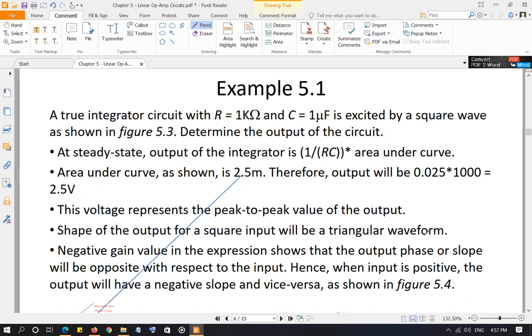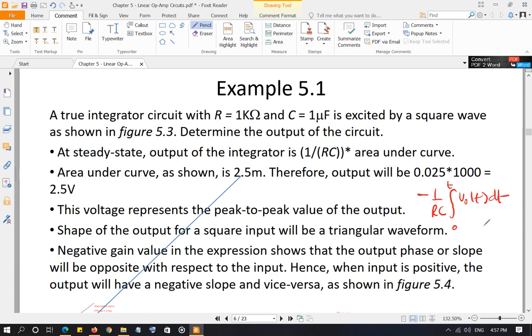Alright, let's look at this example. We have a true integrator circuit with resistance 1 kilo ohm, capacitor 1 microfarad, and the input is a square wave. Determine the output of the circuit. So the output of the circuit is negative 1 over RC integral from 0 to t of V input t dt, and at steady state, of course, it is going to be moving between two values.